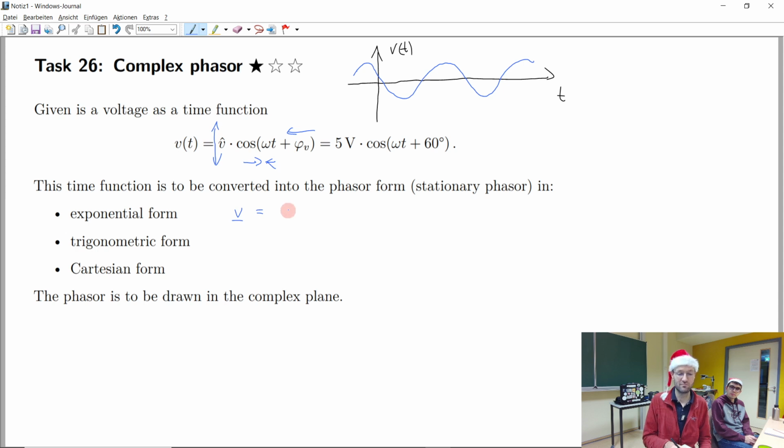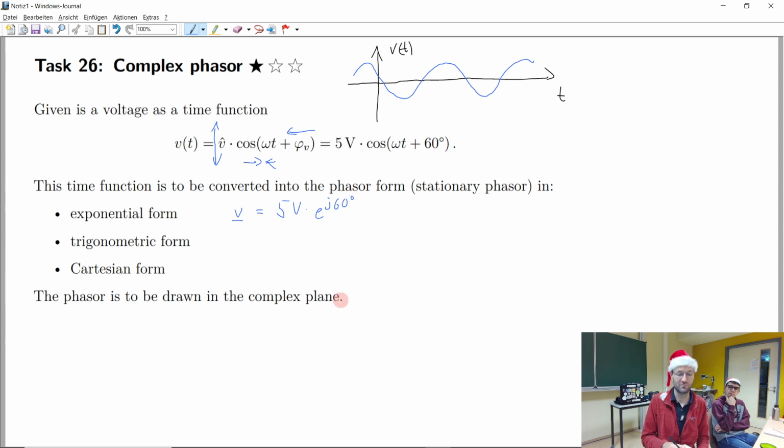And now how do we write this as a complex phasor in this exponential form? We just take, super simple, this amplitude and then we say e to the power of j, so Euler's constant to the power of the imaginary unit and this phase angle that we have.